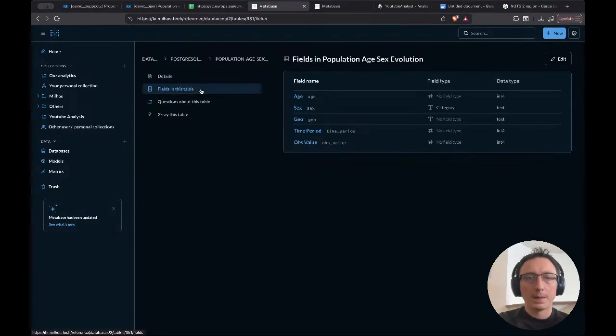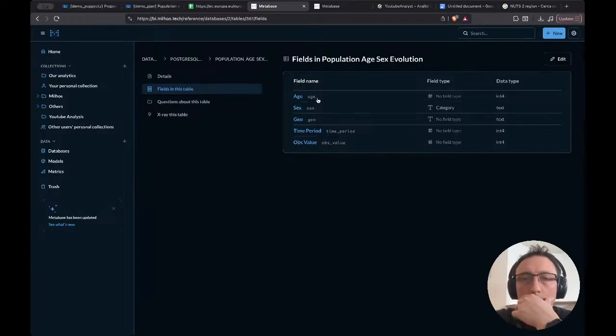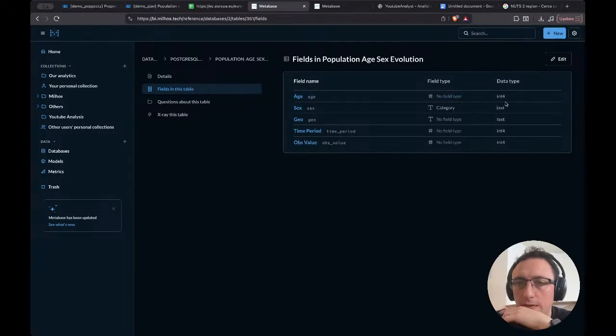Wonderful. Age is an integer, sex is a text, geo is a text, time period is an integer.